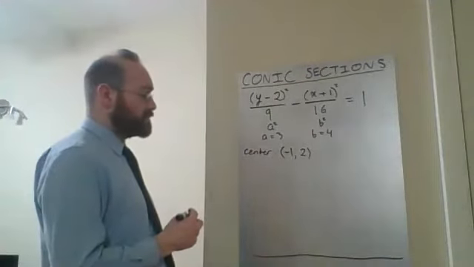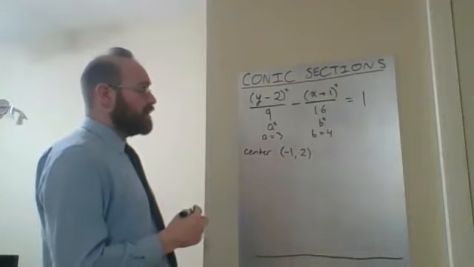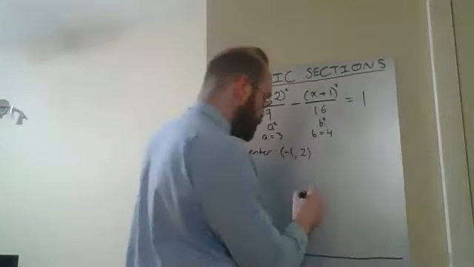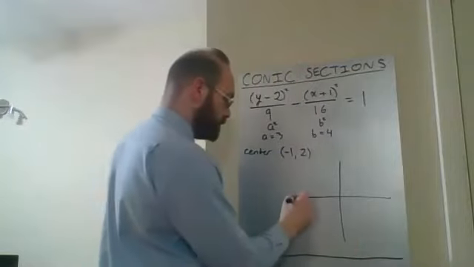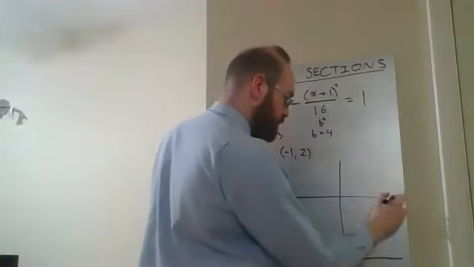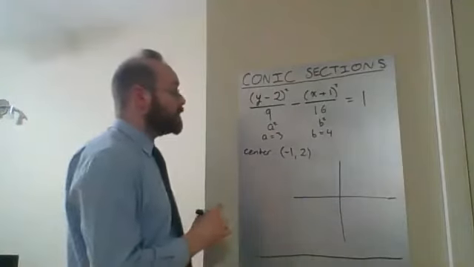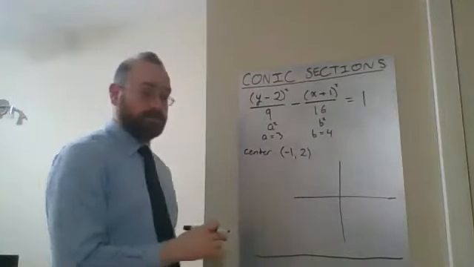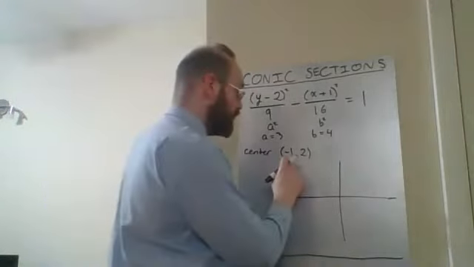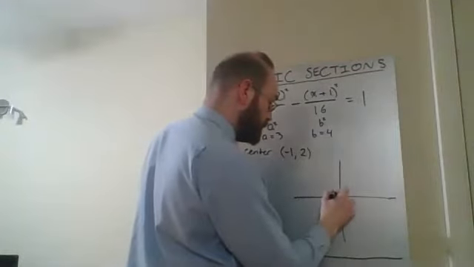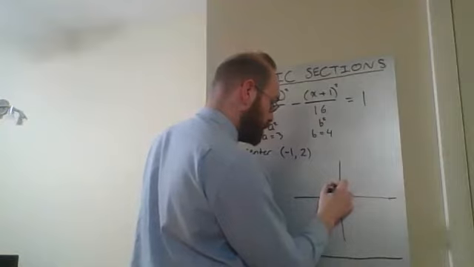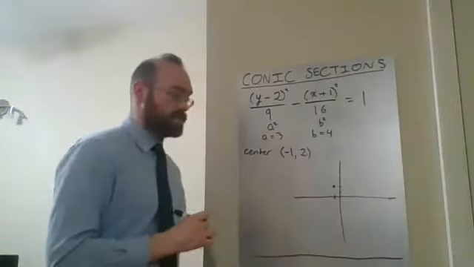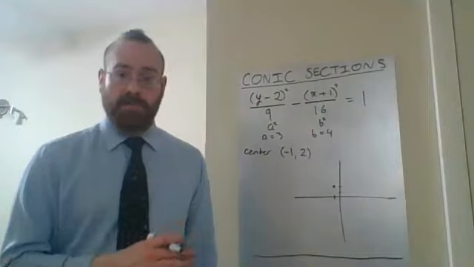And then, let's see. I think now is a good time to draw my graph. So, I'm going to make sure I've got enough space. Okay. So I'm going to start by plotting the center. So I'm going to go -1 and +2. This is the center of our hyperbola.